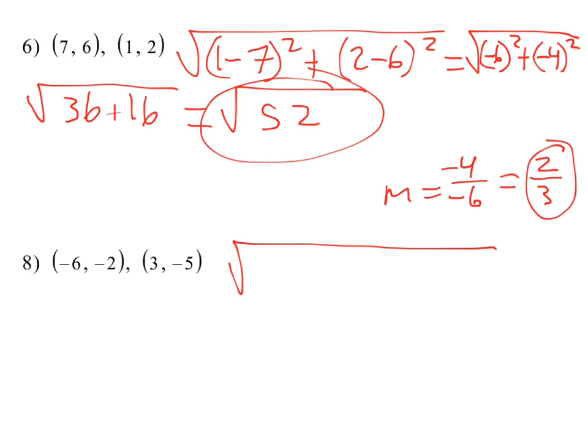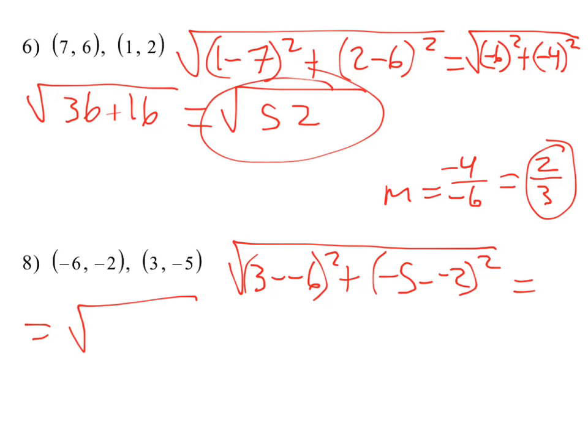Let's see, this next one, distance, subtracting my x's, so I got 3 minus negative 6. And then I'm going to do negative 5 minus negative 2, which I'll square. And when you do that, 3 minus negative 6, same thing as 3 plus 6, which is 9.